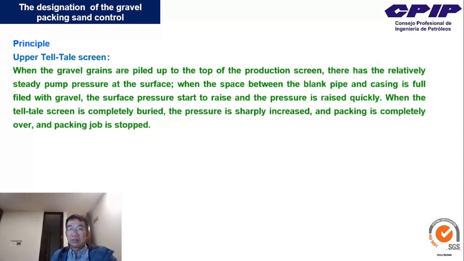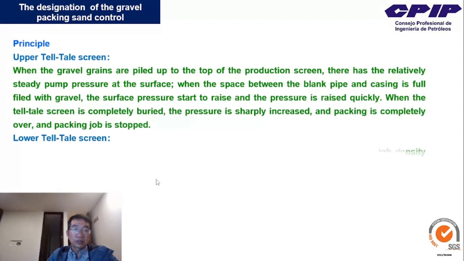When the space between the blank pipe and casing is filled with gravel, the surface pressure starts to rise quickly. When the telltale screen is completely buried, the pressure is sharply increased, packing is completely over, and the packing job is stopped.